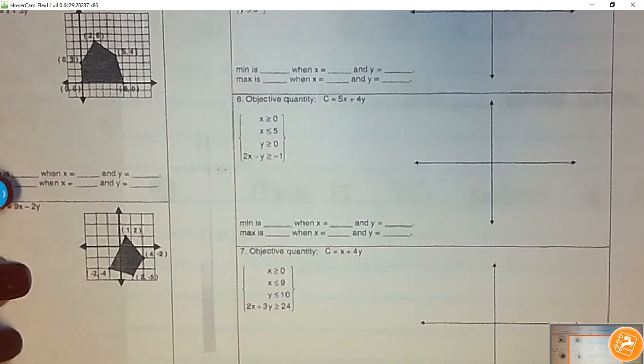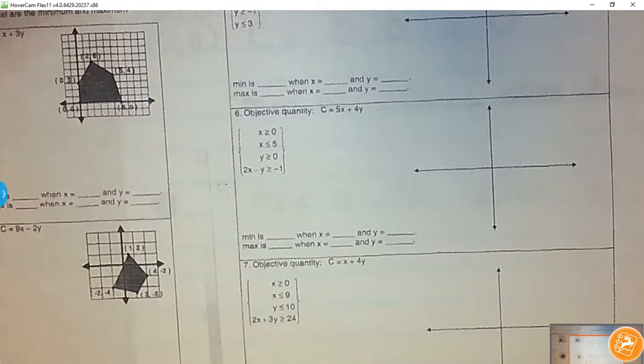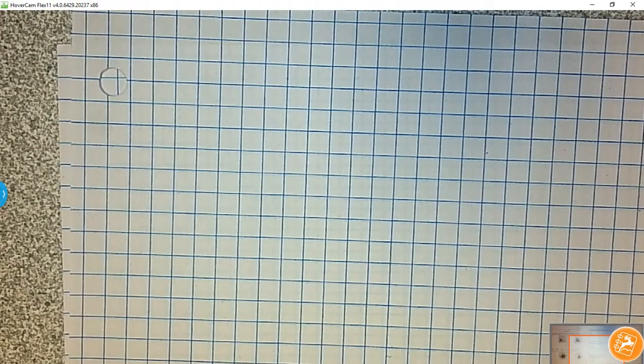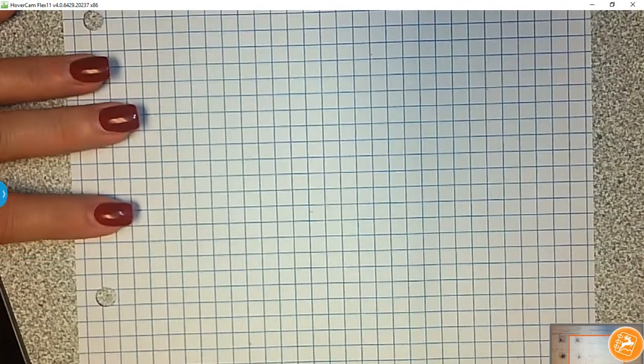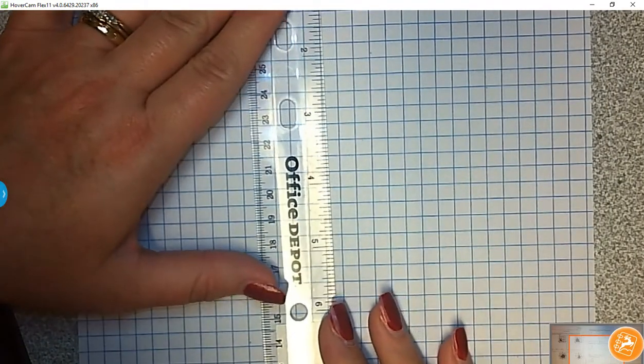Do 7. All right. For number 7, let me get my x and y axis drawn here first.